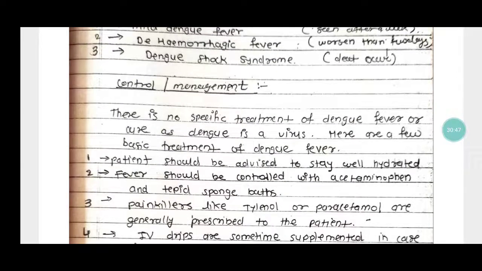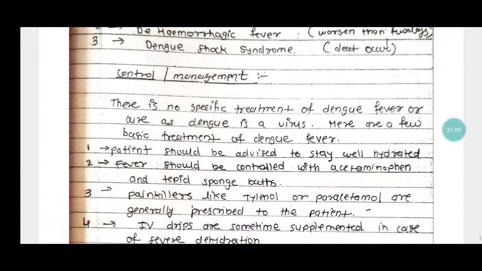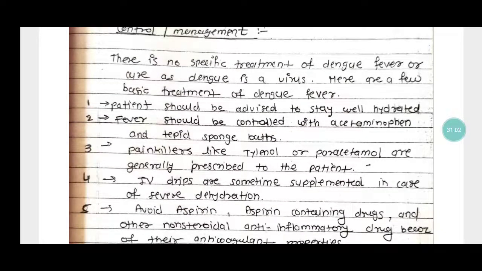As for control and management of dengue, there is no specific treatment or cure for dengue fever. Dengue is a virus, and a few basic treatments are: the patient should be advised to stay well hydrated, fever should be controlled with acetaminophen and tepid sponge baths, and painkillers like paracetamol are generally prescribed.